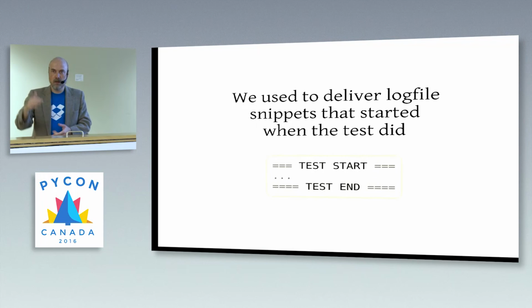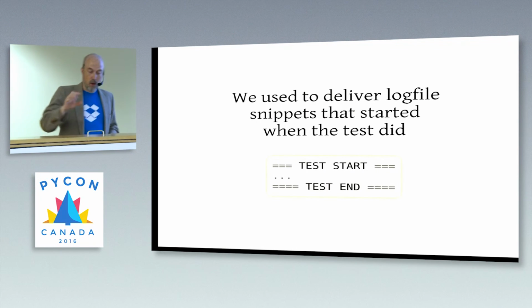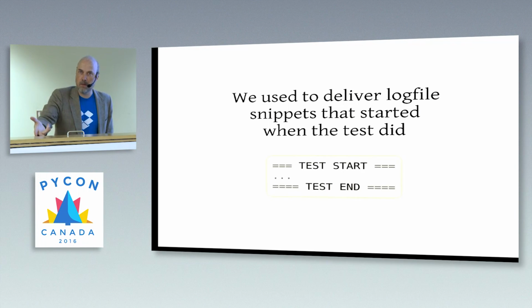In the beginning, we just did the last 100 lines of each log file. Problem: you don't know if those lines were actually output during your test or one of the previous ones. So I added code that only grabbed log lines that had been added since your test started. Only the log lines that appeared during your test run.